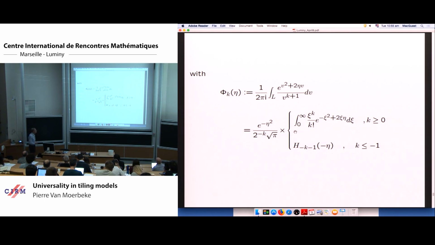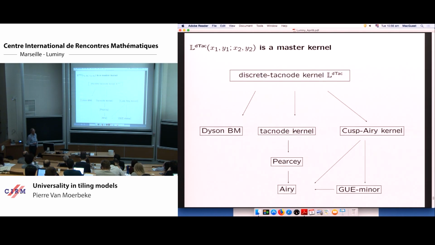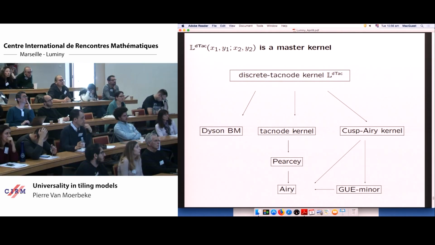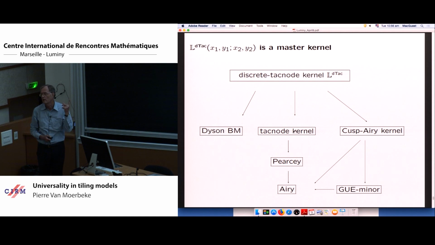Now you might say, why are we interested in knowing that? Well, it's a universal kernel. And the reason is the following. We have, and that's work in progress, very strong suspicion that absolutely everything about tilings can be deduced as a scaling limit of that kernel.